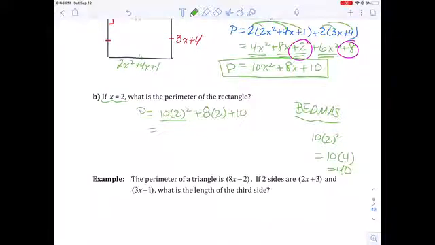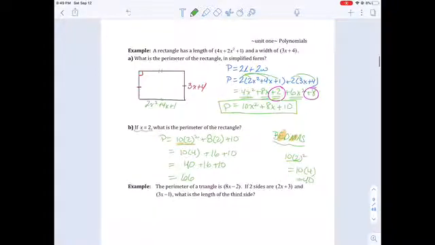Sometimes students want to try to do 10 times 2, which is 20, and 20 squared, which is 400. No, we have to do our exponents. We have to simplify our exponents before we multiply. Multiply comes second. So this is 10 times 4 plus 16 plus 10, which is 40 plus 16 plus 10, which is 66.